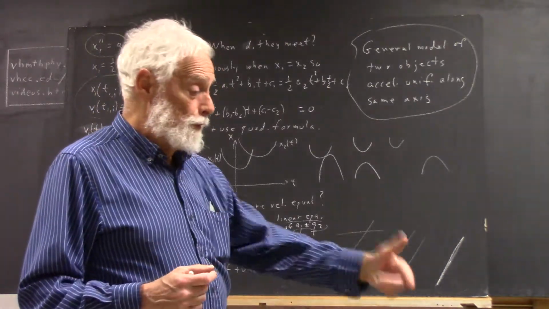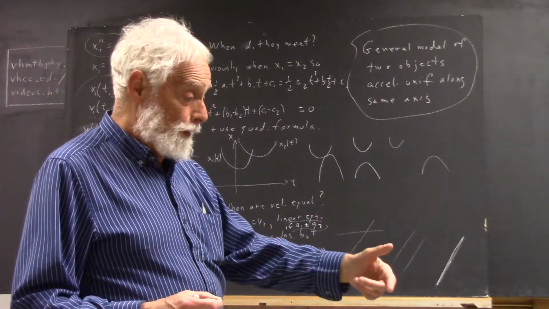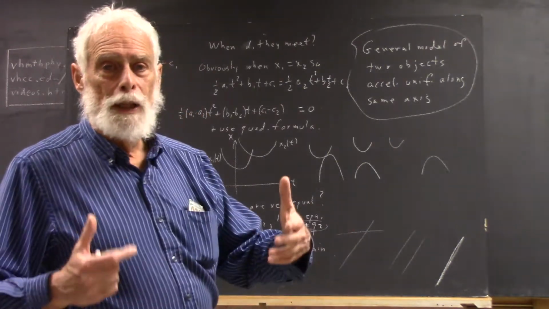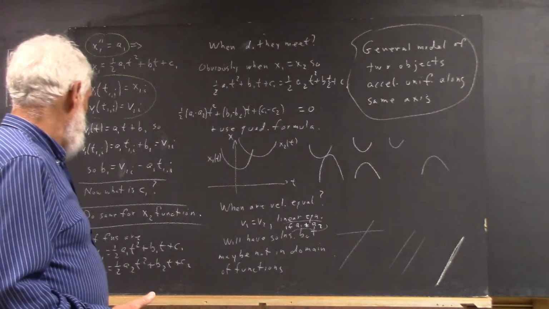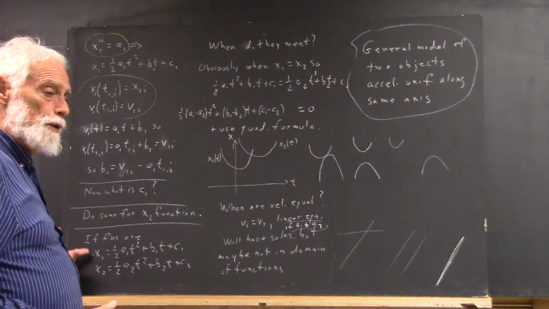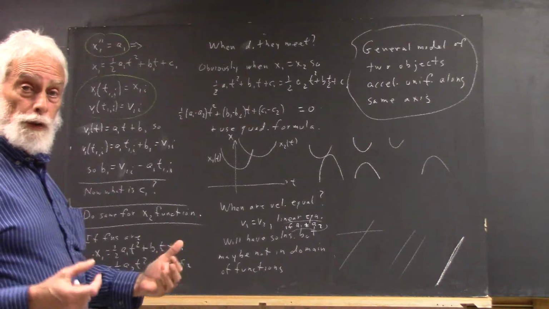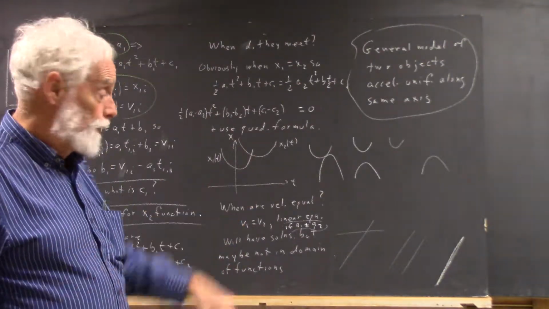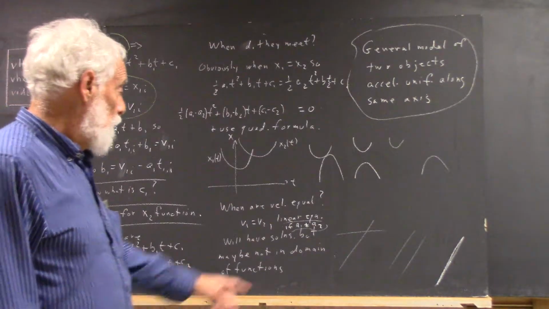Okay? If you start this one later than this one, then the domain of this one is going to be different than the domain of this one. And we're just talking about the function that gives you the uniformly accelerated motion once they are released or given some initial velocity at some point. So you got to watch domains.